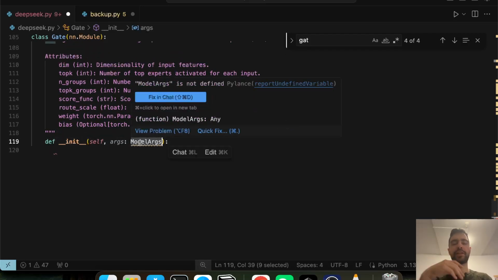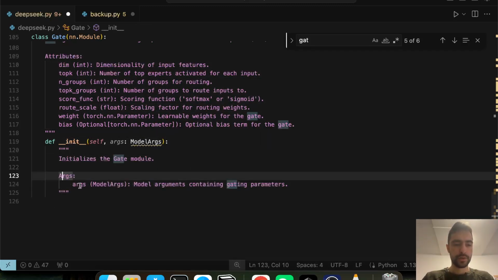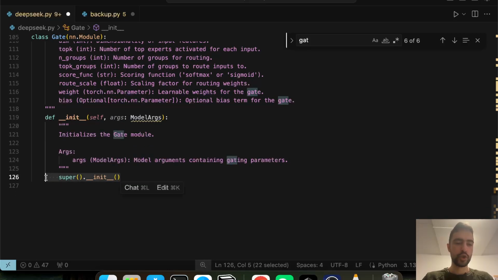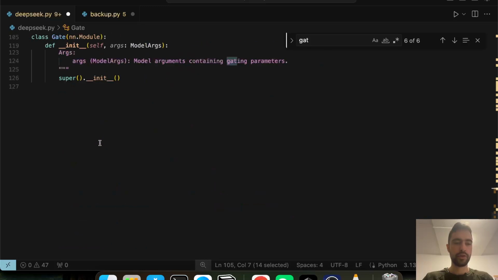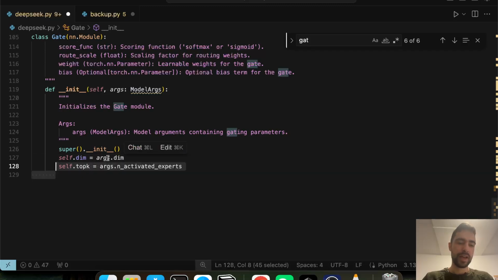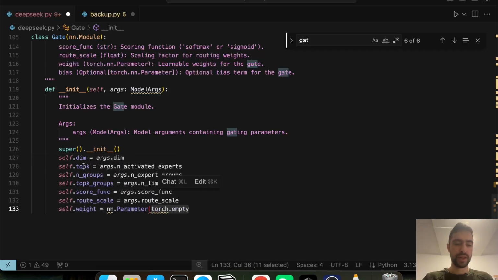If you remember, these are just a list of hyperparameters that will have all of these things. So arguments, we will first super init, so initialize this super class and then module. So we will just assign all of the hyperparameters to these local variables. So all of the parameters.